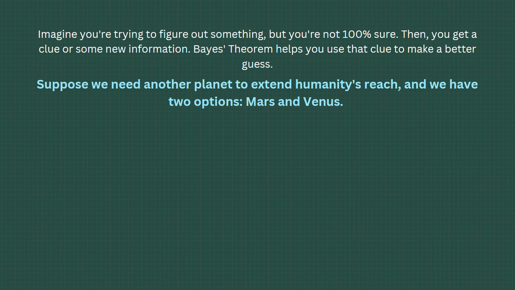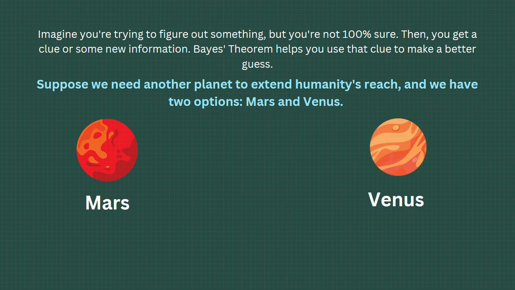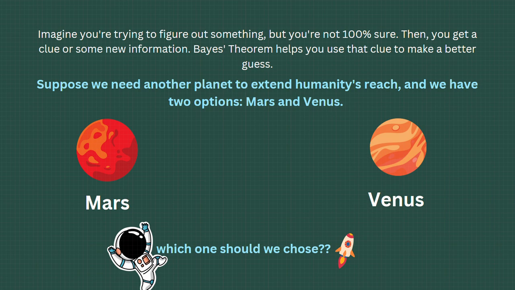Let's start with the example I have written. Suppose we need another planet to extend humanity's reach, and we have two options, Mars and Venus. Which one should we choose?